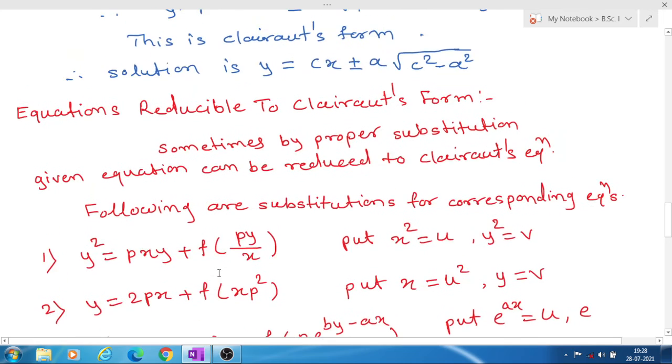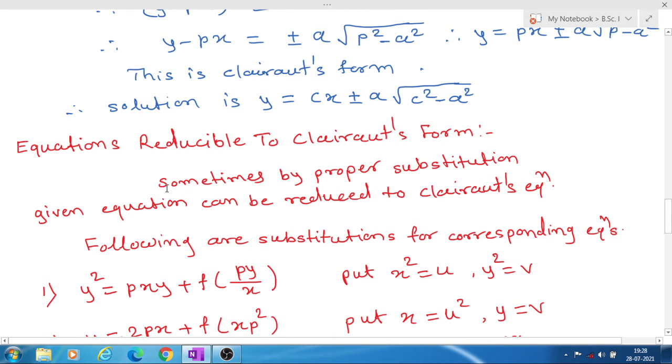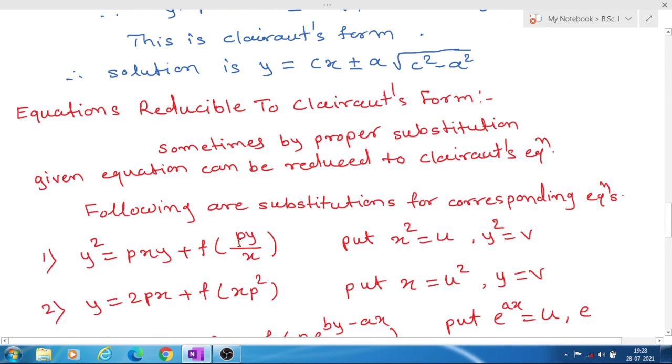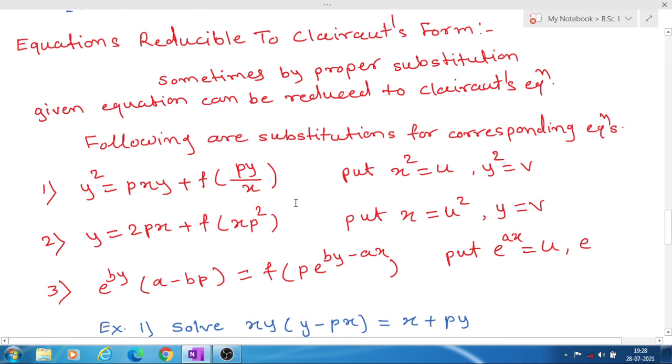Now we see equations reducible to Clairaut's form. Sometimes by proper substitution a given equation can be reduced to Clairaut's equation. So there are some substitutions for corresponding equations. There are three types of equations, and for that the corresponding substitution.